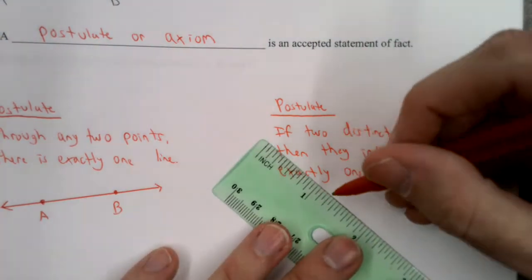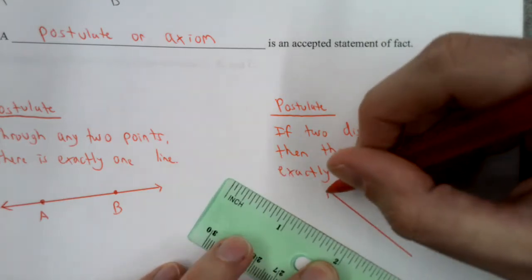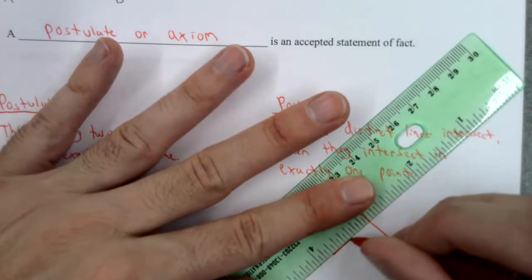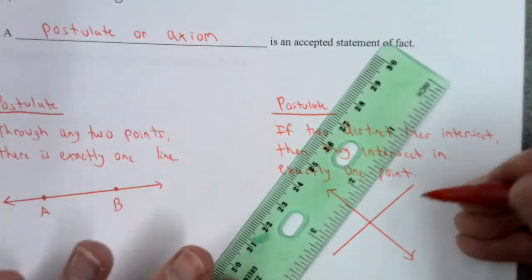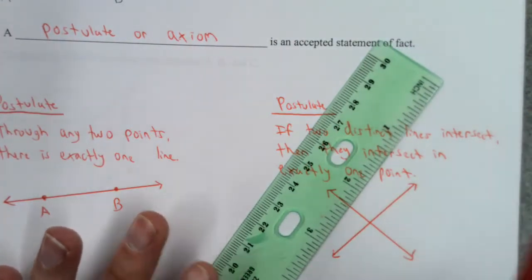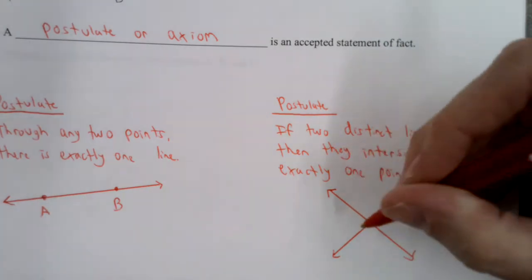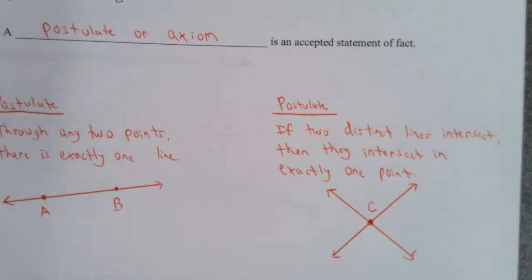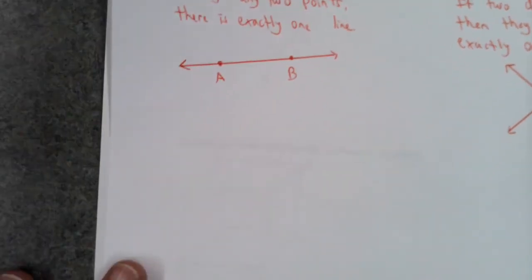So I'm going to draw two lines. They're not going to be the same line. I'm going to draw two different lines. And you'll see that they intersect, but they only intersect at one location, and it's a point. So let's just label this. These two lines intersect at point C, I'll call it.